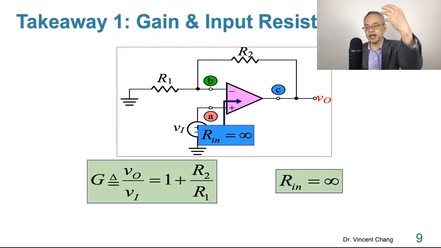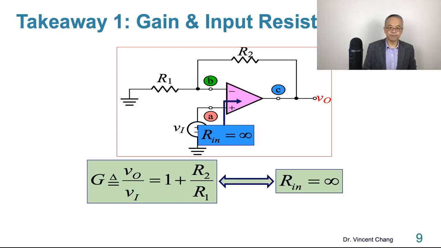When you pursue a high voltage gain, you don't have to sacrifice the input resistance. That's the advantage of this amplifier compared to the inverting counterpart. So this is the first takeaway.